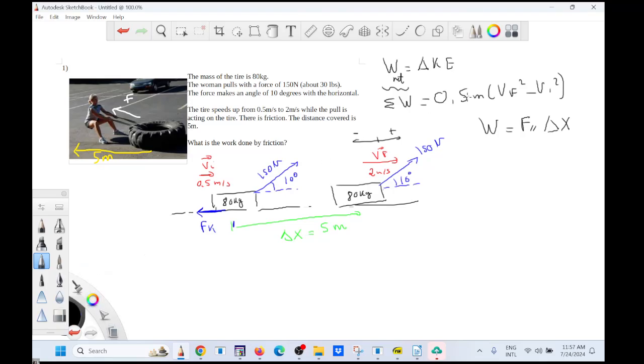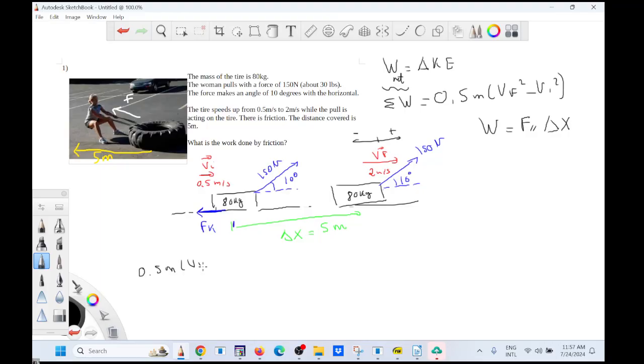So if I apply this equation, I'm going to say that the change in kinetic energy will be equal to the work done by friction plus the work done by the driving force, by the pull, which is equal to the work done by friction plus, so you have to find the x component of the force.